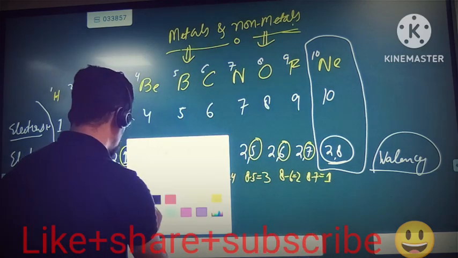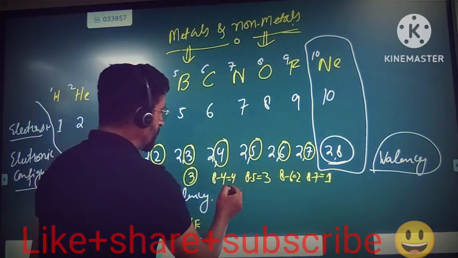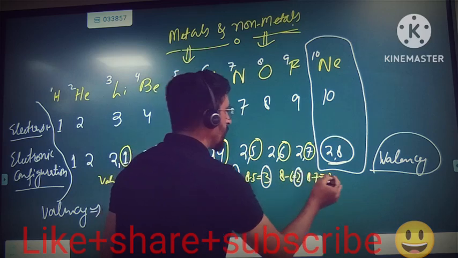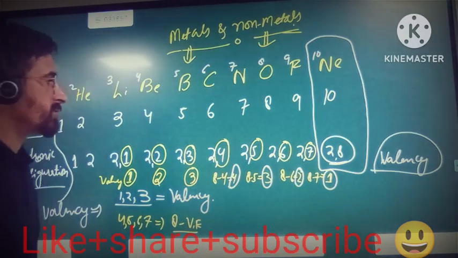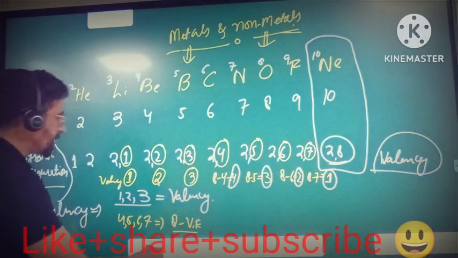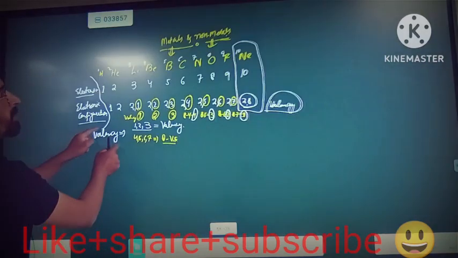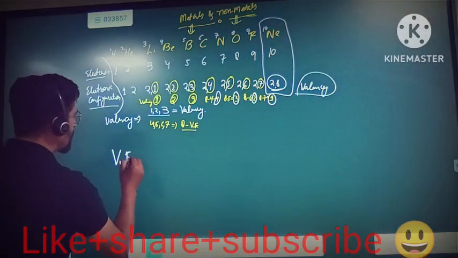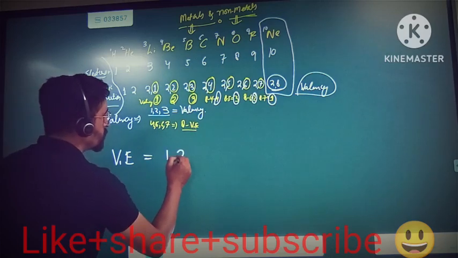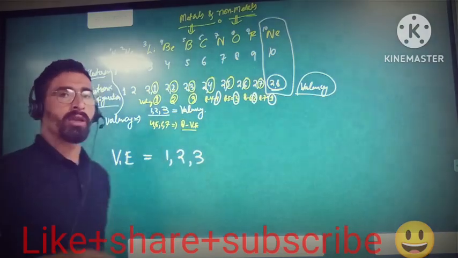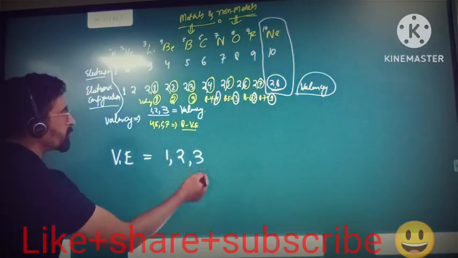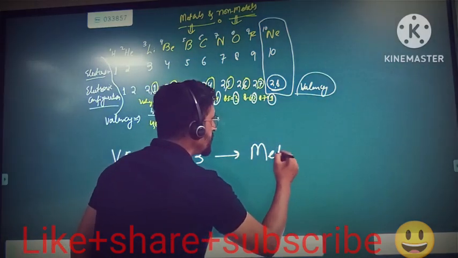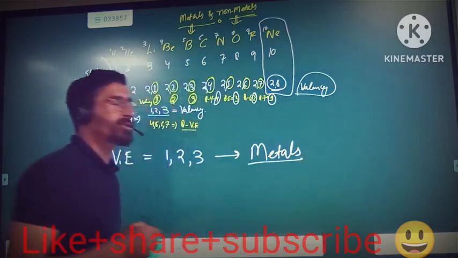So now, here you can see that valency of carbon is 4, valency of nitrogen is 3, valency of oxygen is 2, and valency of fluorine is 1. Now, here you can say that when the valence electrons are 1, 2, and 3, any atom that has 1, 2, or 3 electrons in its outermost shell will be considered a metal.